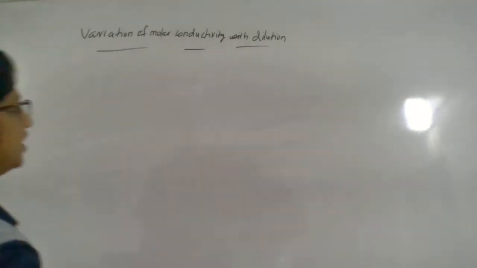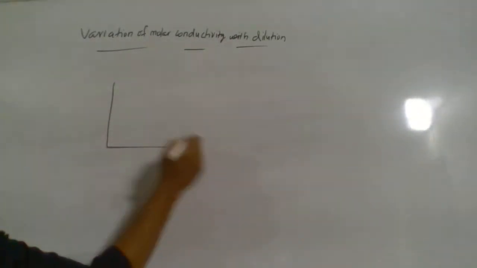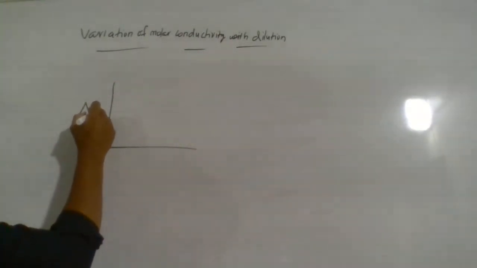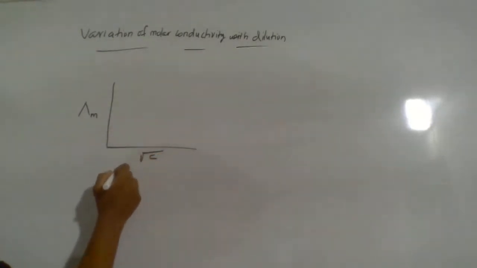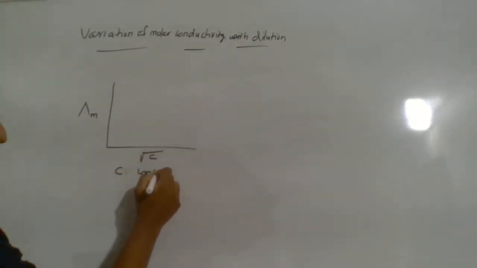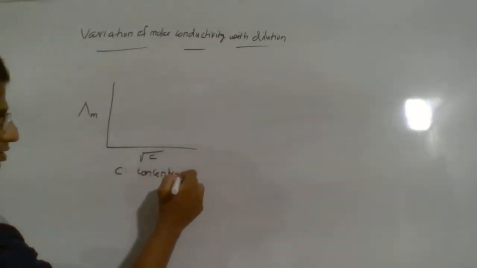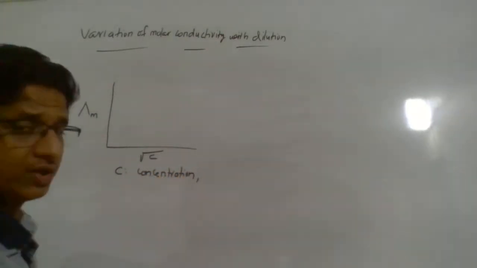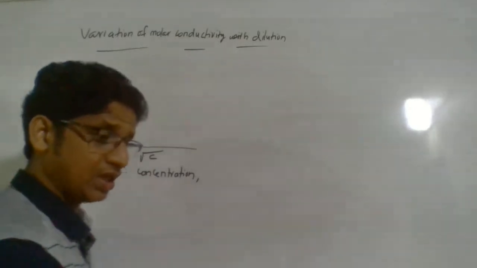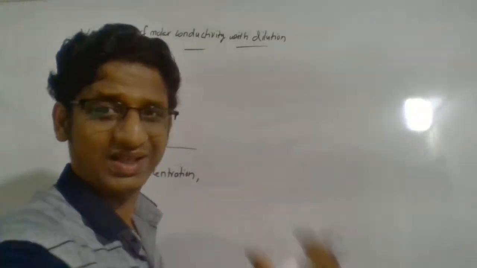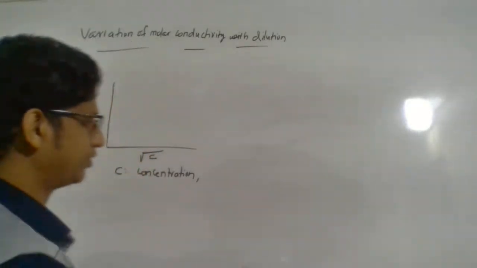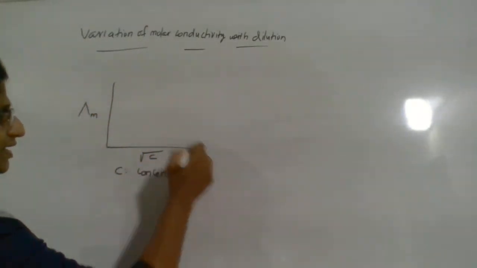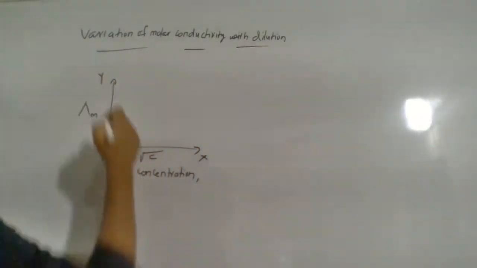I am plotting a graph between lambda m, molar conductivity, versus root C, where C stands for concentration. First point you have to remember: an increase in concentration means less dilute. A decrease in concentration means more dilute. This is the x-axis, this is the y-axis.